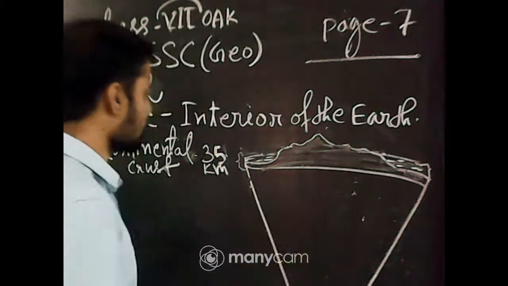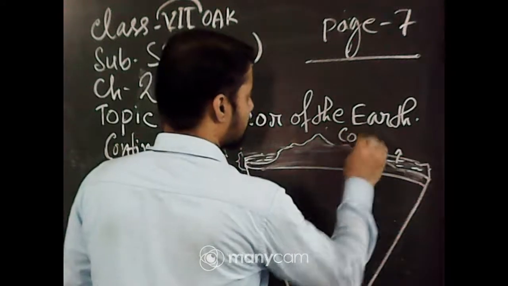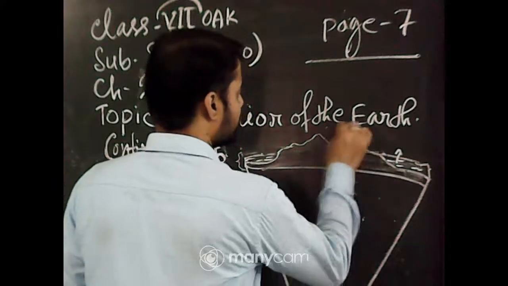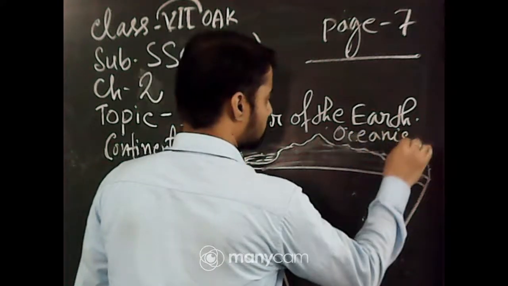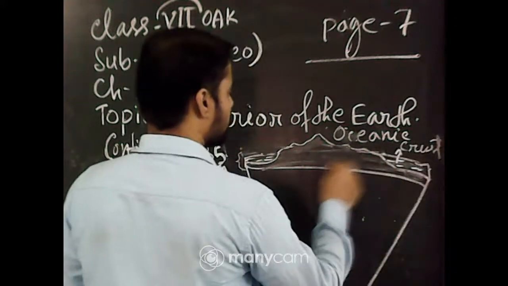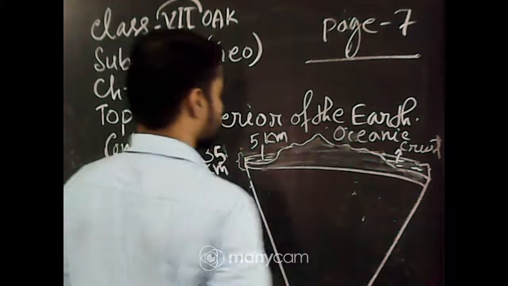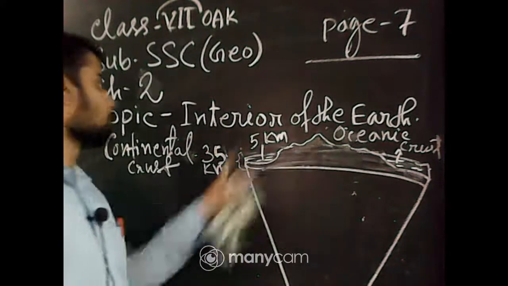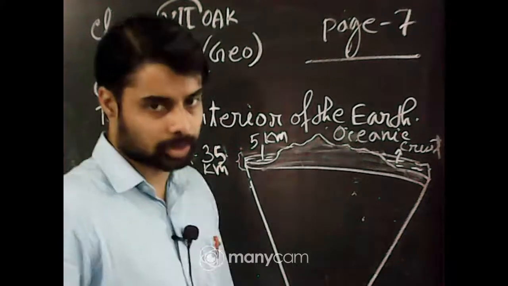The oceanic crust is only 5 kilometers. So the continental crust is up to 35 kilometers, and the oceanic crust up to 5 kilometers.